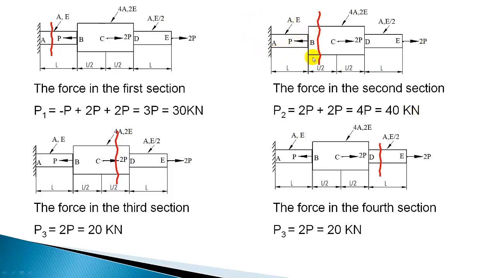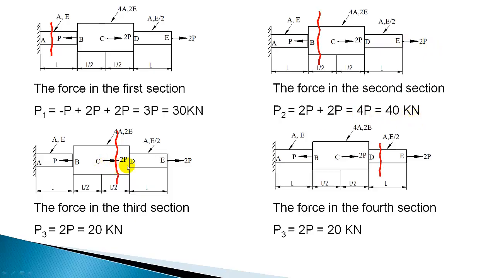We will not consider the forces on the left side. Wherever you take the section, only the right side portion is considered, and we take rightward as positive and leftward as negative. So both forces are in the positive direction, giving 4P, 40 kilonewton.